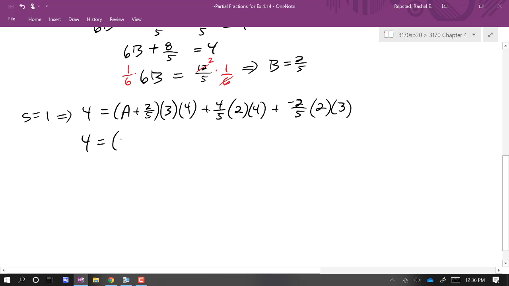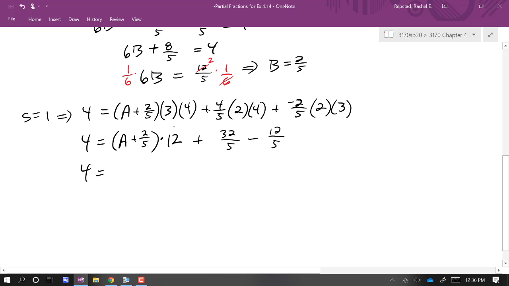So we have (a plus 2/5) times 12, plus 32/5, minus 12/5. Basically we're doing a bunch of arithmetic and a little algebra here.